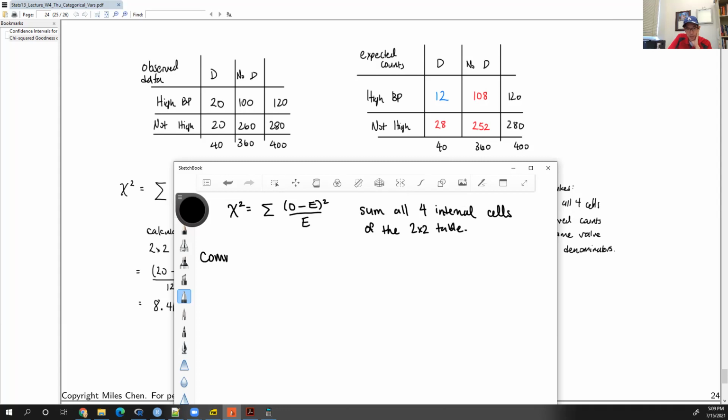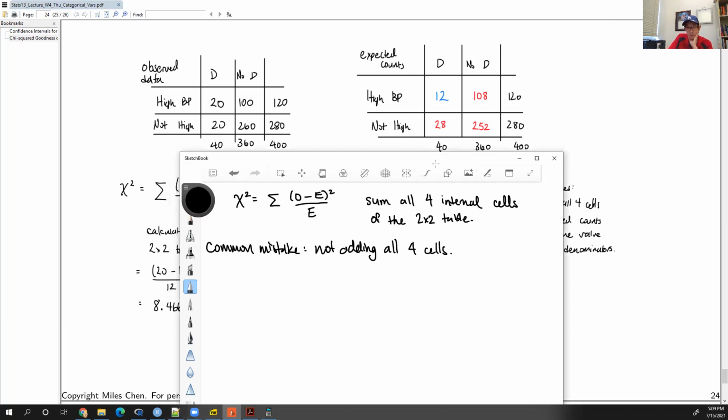So a common mistake is not adding all 4 cells. I'm not quite sure why, but sometimes students will just stop after doing 2 of the cells. All right, so we're going to do this for all 4 internal cells.